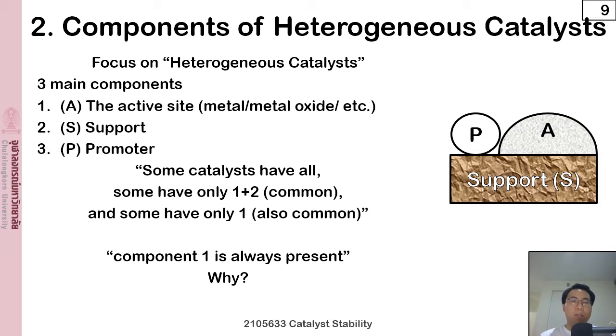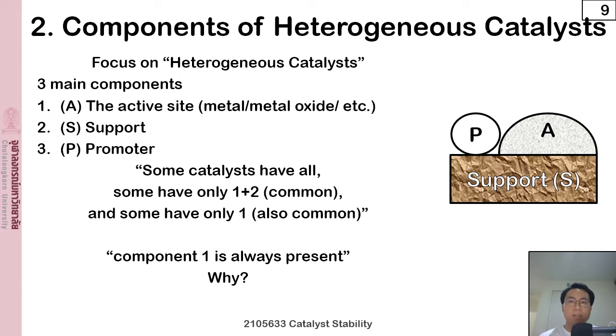Support is the second component, which is also important in the supported catalyst. So support has the duty to support things. What things does the support support? The support is used to support the active site.